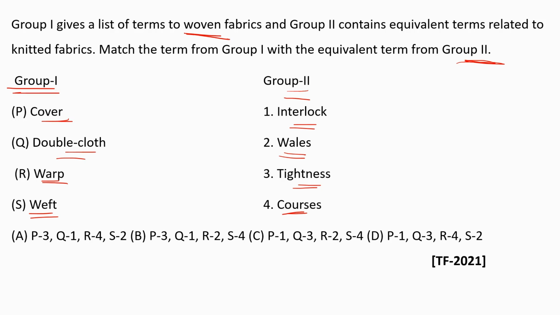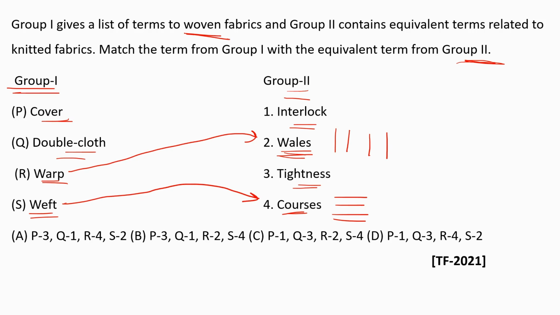So wales correspond to warp, and these are lengthwise. In woven fabric the warp runs lengthwise, and courses run widthwise. So in knitting, warp and weft are replaced by wales and courses. I think you must have understood by now.